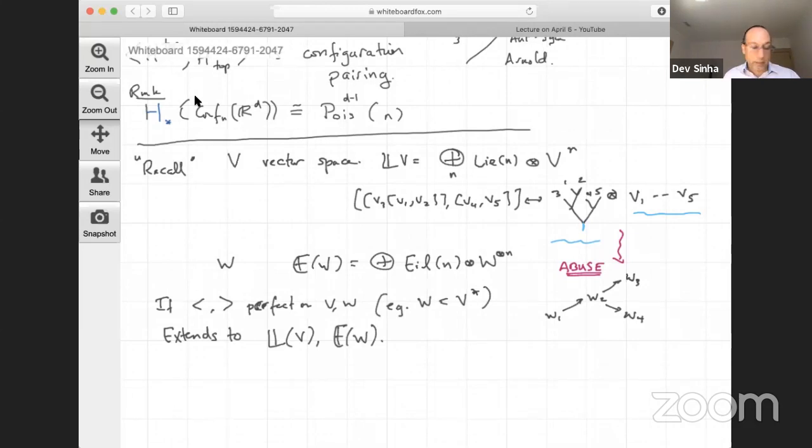And so what we have every right to do at this point is call this, again with some finiteness, the co-free Lie coalgebra on W.